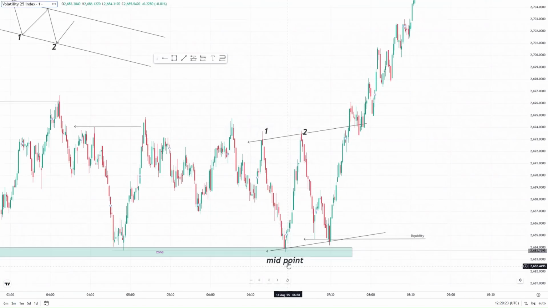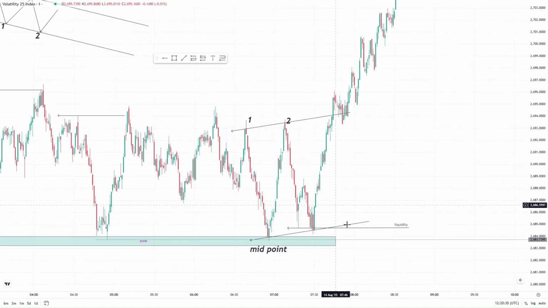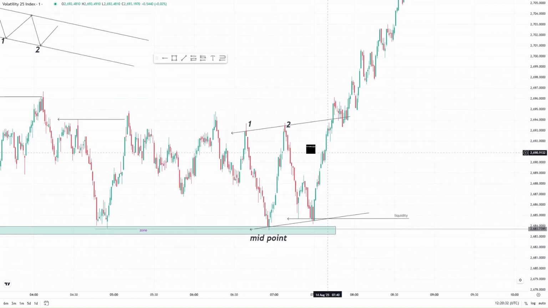But notice how this does not get broken after we identify this pattern. Notice how this level right here is not being bothered with. Price just gives you the first touch, the midpoint, the second touch, and then it respects this trend line, but creates a deception for people to get taken out.